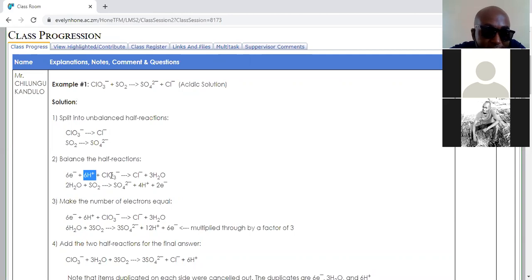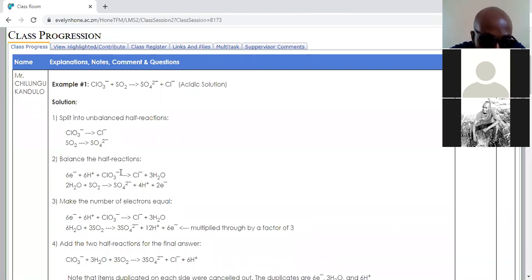So you add plus 6 H plus. Then after that, you now balance the charges. The charge on this side must be equal to the charge on the other side. So since you have a minus, if there was a number here, say 3, it would have been minus 7. Then these things just have coefficients of 1.